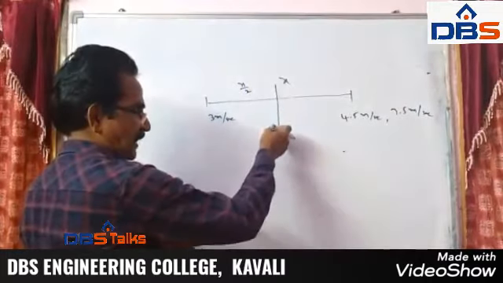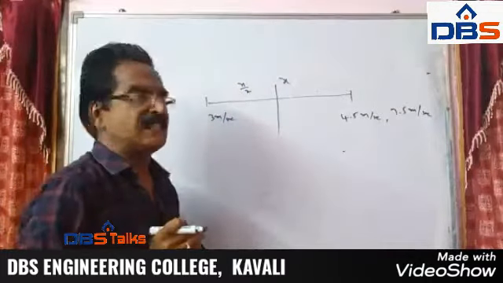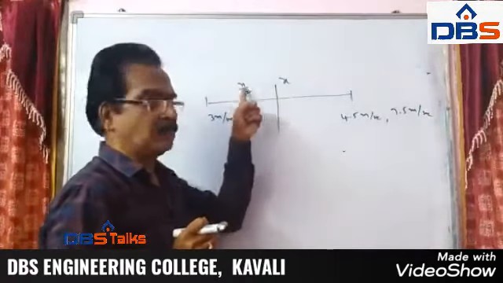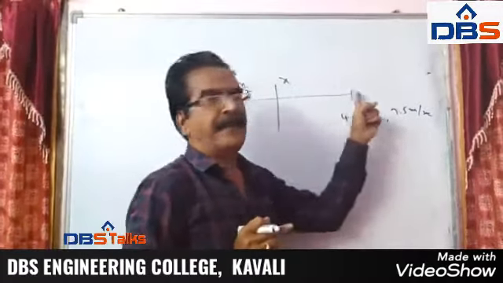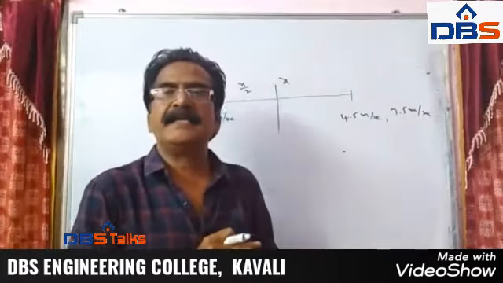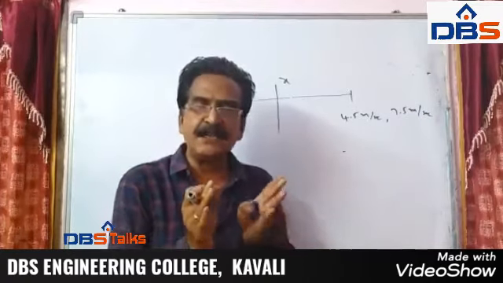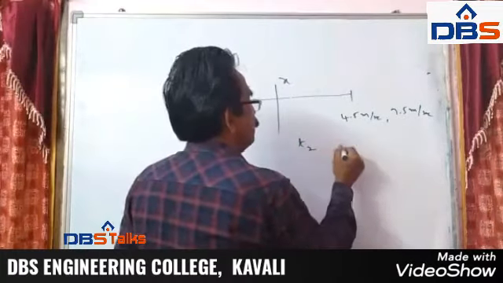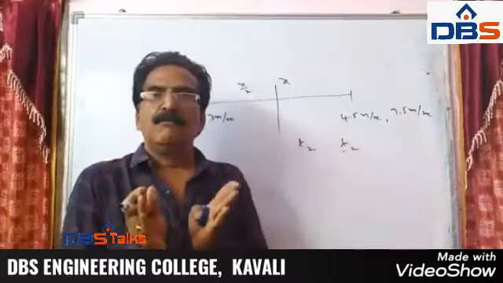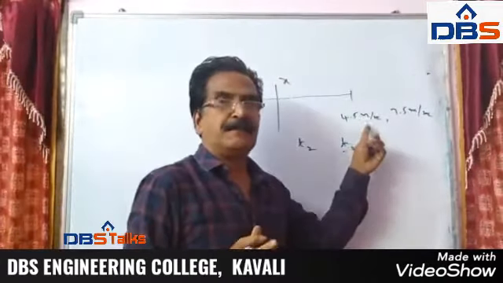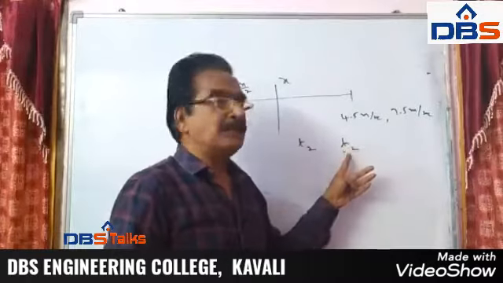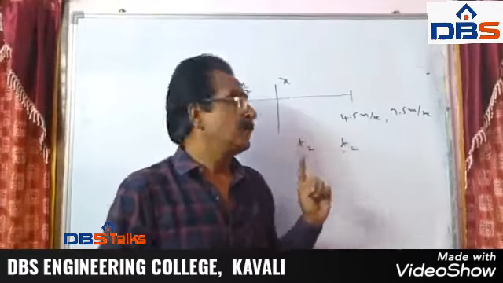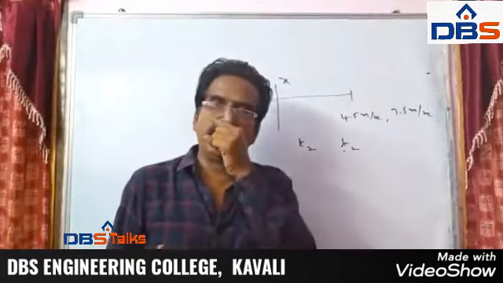Half of the distance, x by 2, is covered at 3 meters per second, and the remaining x by 2 distance is covered in two equal time intervals, say T2 and T2: one T2 time at 4.5 meters per second and another T2 time at 7.5 meters per second. So now what is the average speed of the particle?